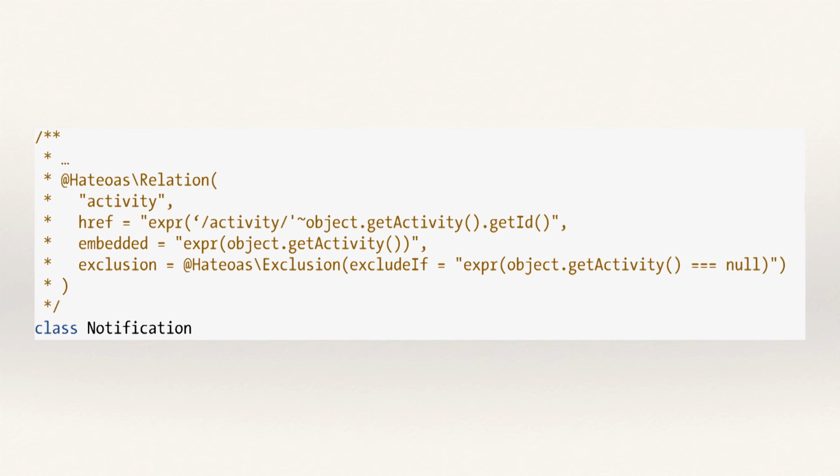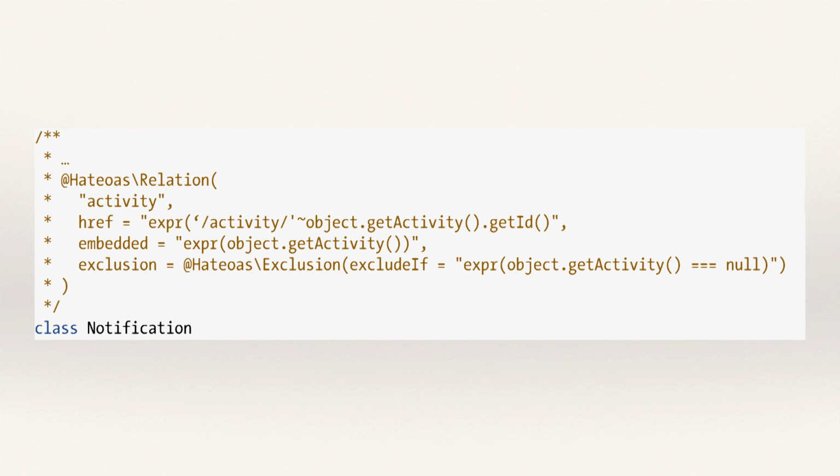I exclude this embed, so I'm not going to have it in my JSON or XML or whatever if the activity is null. And yeah, I have also the URL to it if I want to, because remember it's about discovering the rest of your API. So you have the URL to your activity, and in here it's /activity.